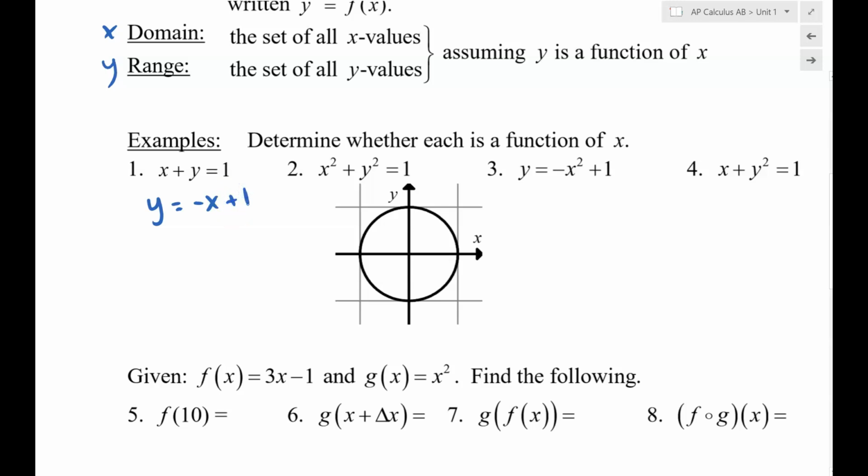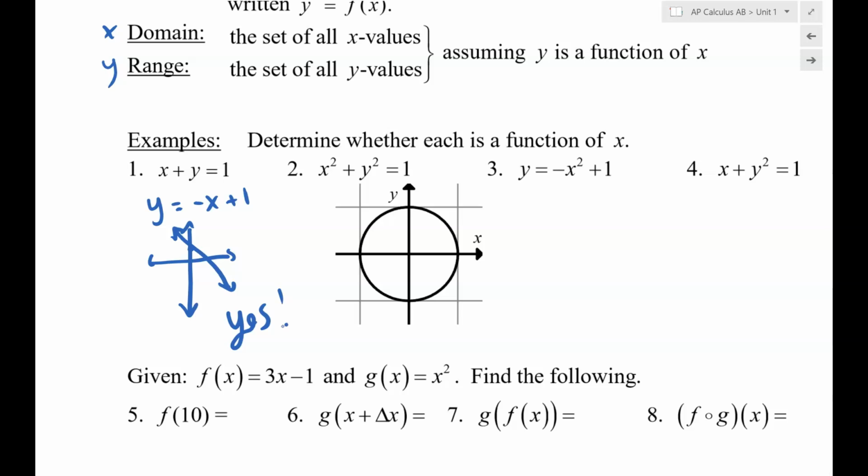This is a linear function, a straight line. Visually, this is a slope of negative 1 with a vertical shift up 1, so something like this. So yes, this is a function. It would pass the vertical line test.